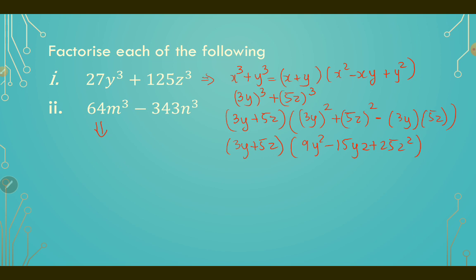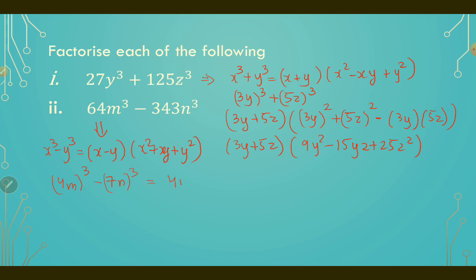This one is also related to the previous question. We know the identity x cube minus y cube from the previous question, that it's x minus y into x square plus xy plus y square. So this can be written as 4m the whole cube minus 7n the whole cube.